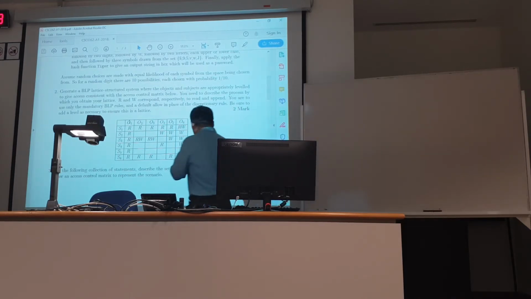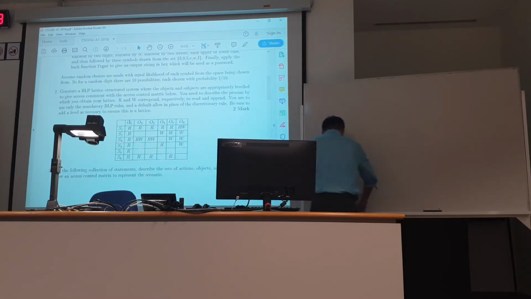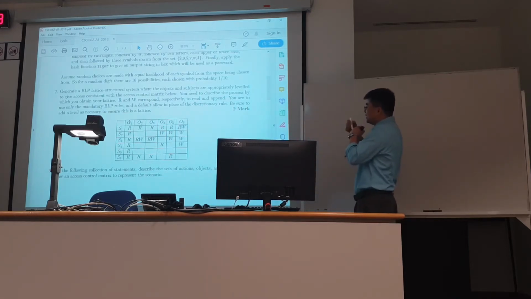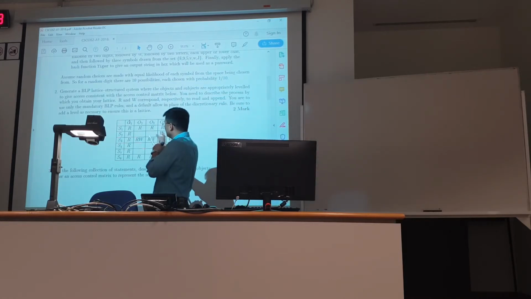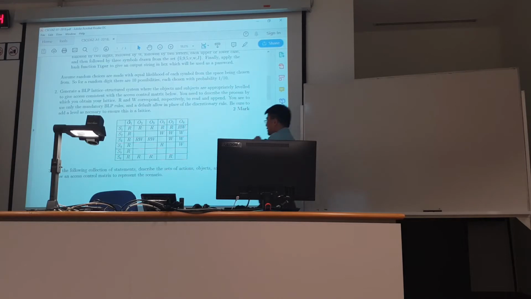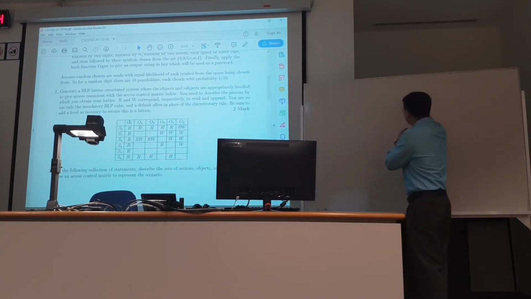So if we look at the first cell, the assumption here is that this access control matrix follows the BLP rule. That means S1 can read O1, so S1 will dominate O1.